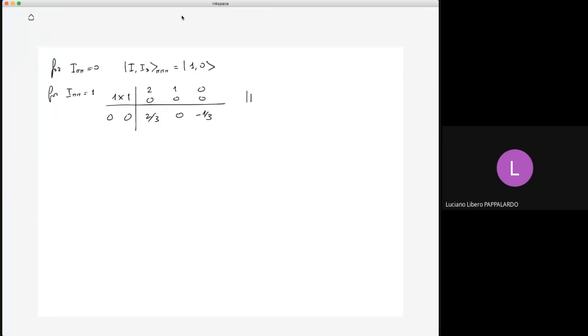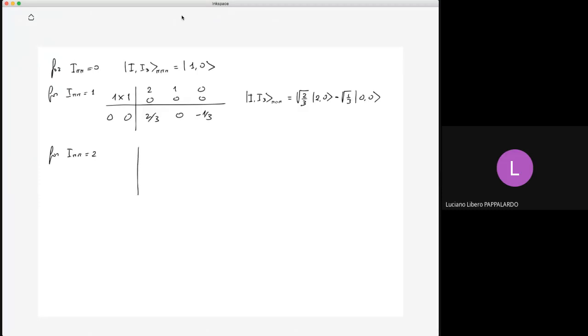So in this case, the isospin wave function for the 3 pion system is going to be square root of 2/3 times 2, 0, minus square root of 1/3 times 0, 0. The state 1, 0 is forbidden. Now we consider the last case, I pi pi equal to 2.